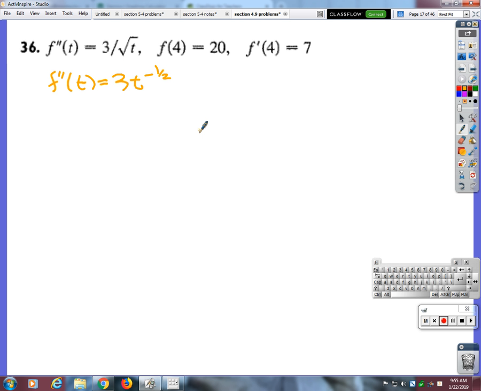Okay, so add 1 to the exponent. Positive 1/2, so it's going to be 3t to the 1/2 over 1/2, plus c, which is 6t to the 1/2 plus c.